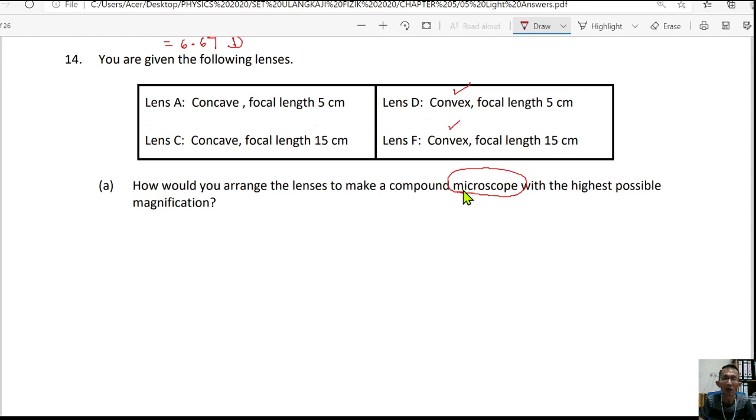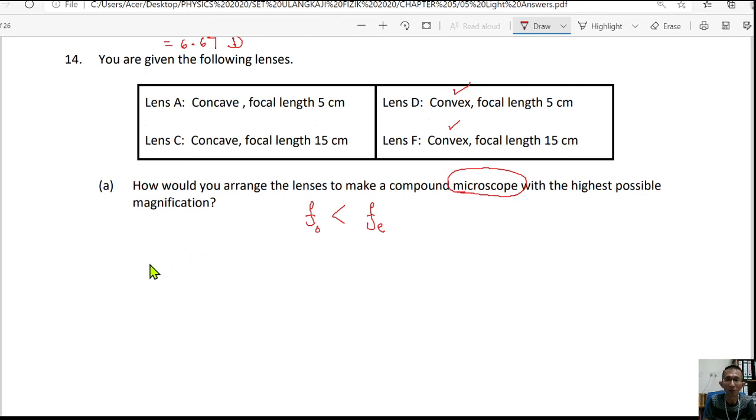Alright, now next step. For a microscope, we have our eyepiece and our objective lens. Let's say that FO is the focal length of the objective lens, and FE is the focal length of my eyepiece. So for a microscope, FO must be less than FE. Which of these is supposed to be your objective lens and which one your eyepiece?